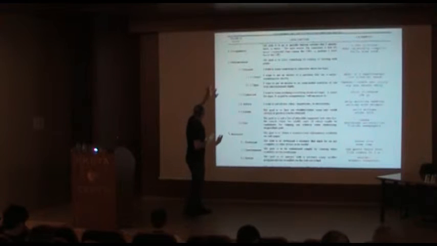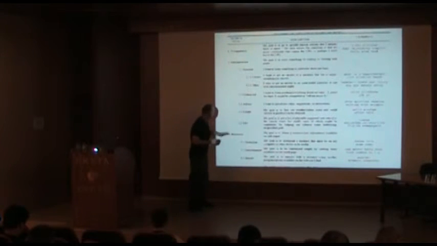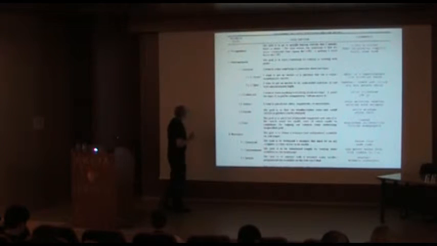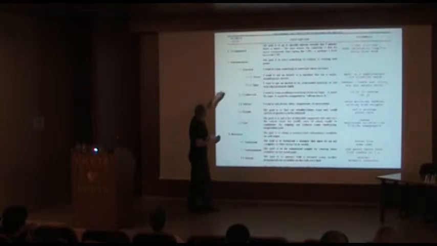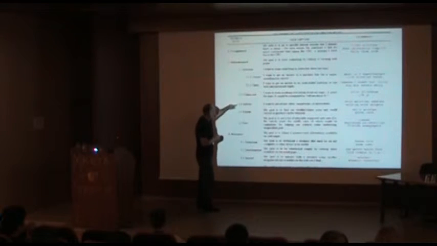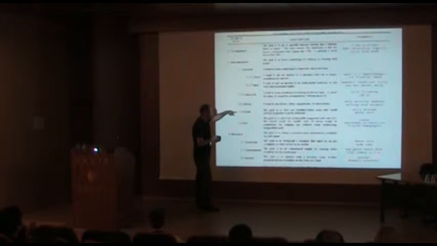So navigational, informational, and instead of transactional, they have resource. What you see here is they've refined the informational class into directed, undirected, advice queries, locate queries, and list queries.